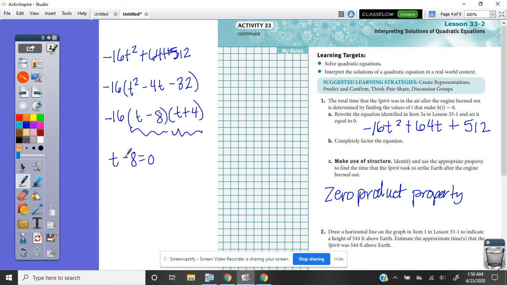So if I set this equal to 0, I would add 8 to both sides, which means t equals 8. If I do t plus 4, I would subtract 4. So that would be t equals negative 4. So can time be negative? No. So t equals 8 is your time that it took to hit Earth.